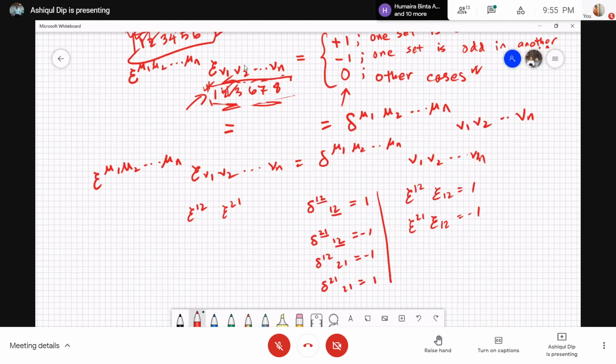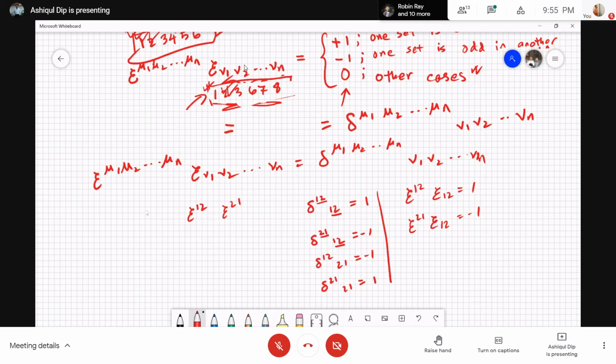In 2D, if they have 2 indices, then it's true. So I think we can proceed with this definition. Sorry, I made a mistake.